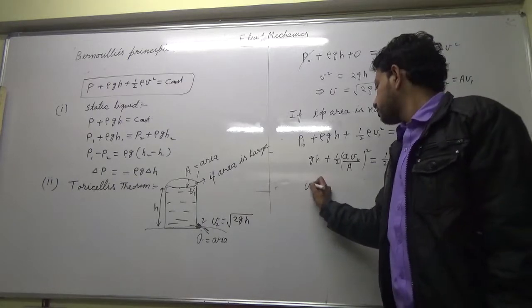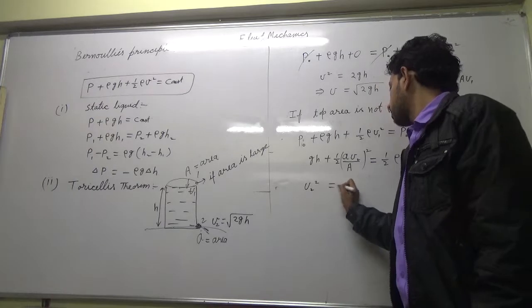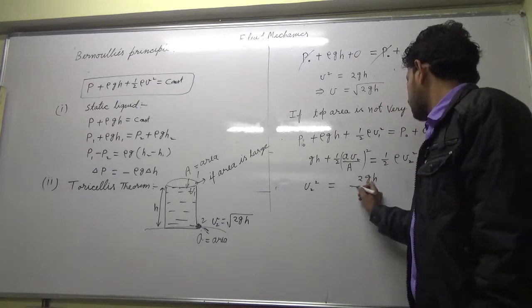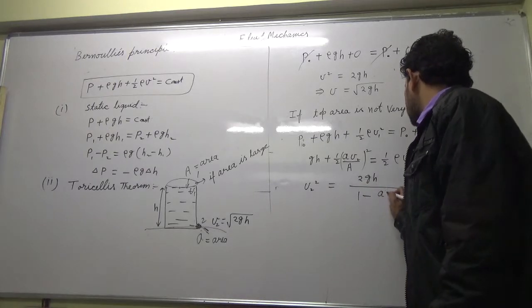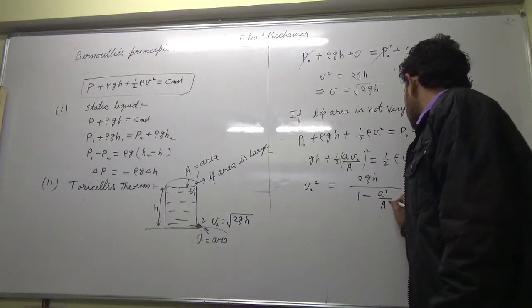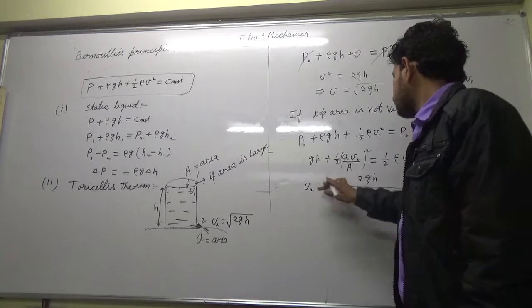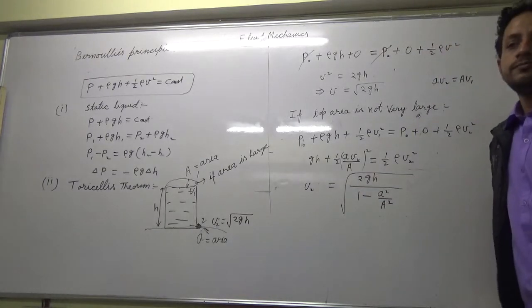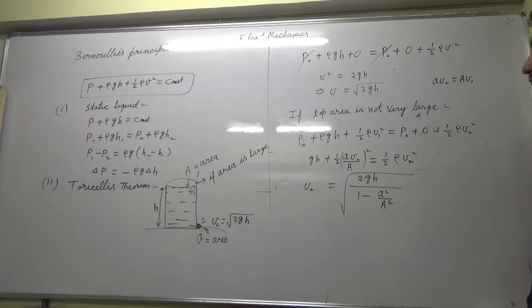v2 equal to 2gh, this will come to this side, and 1 minus a square by capital A square here. Okay, we can write like this.